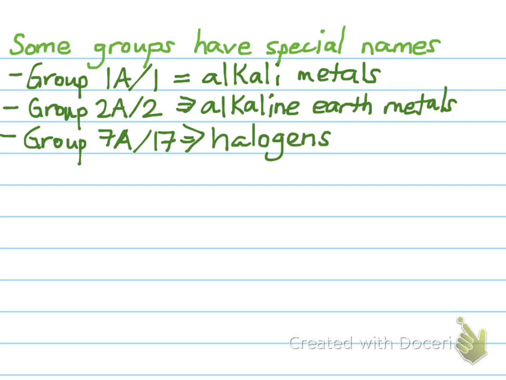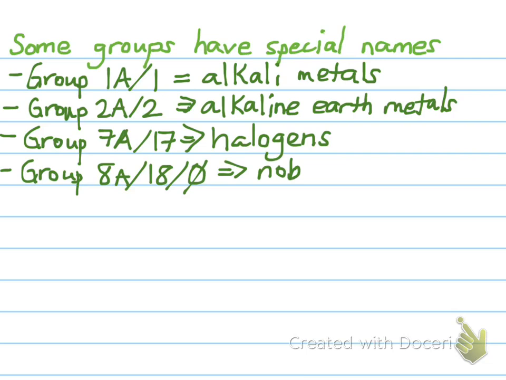Okay, because halogen lights are brighter. Another group with a special name is group 8A, 18, sometimes actually numbered 0 on your periodic table. These are called the noble gases, or sometimes they're called the inert gases. Inert just means they're unreactive, and you will learn why it is that they are considered unreactive as we move forward.